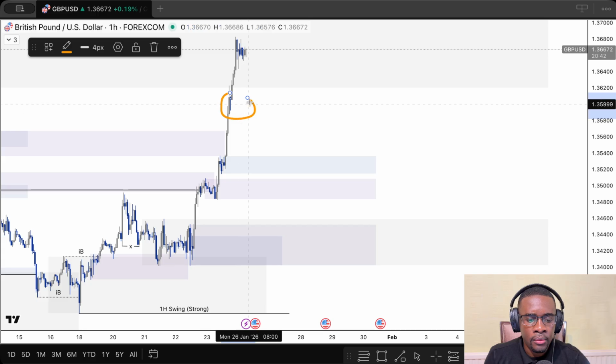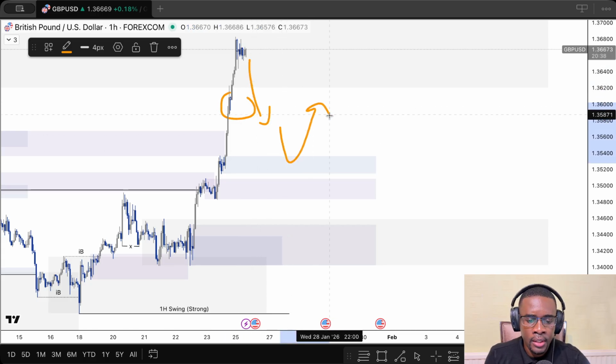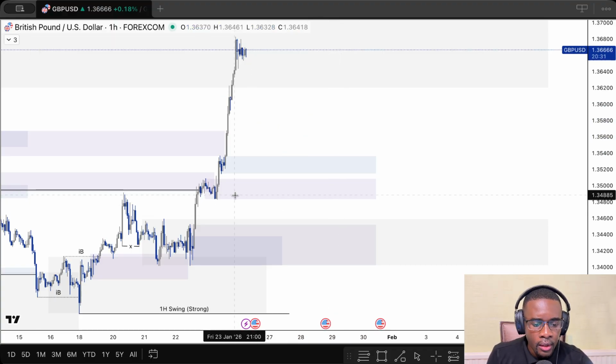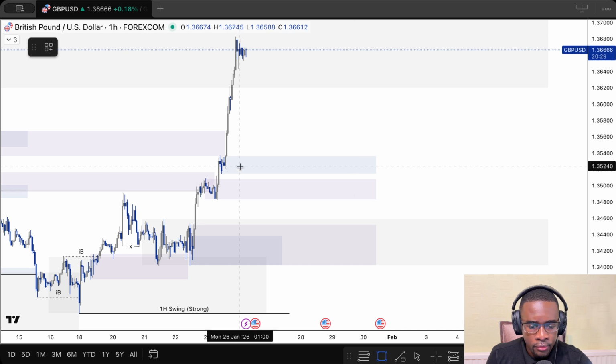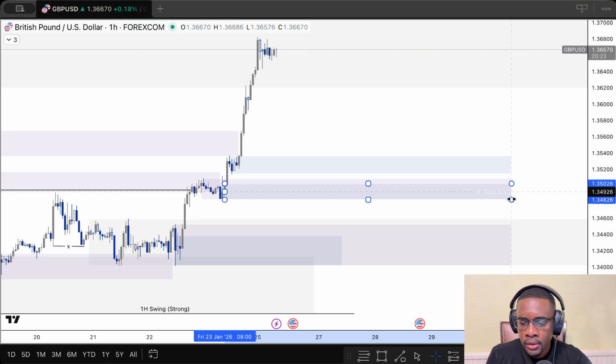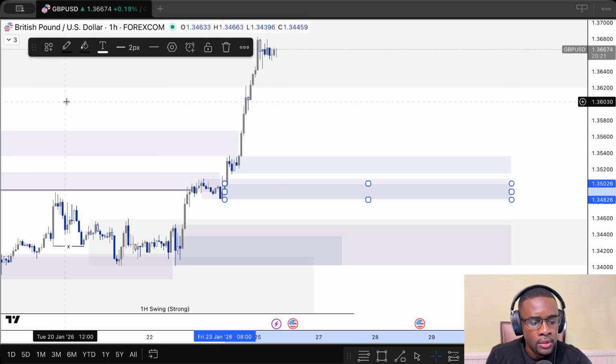Although I'm expecting this to be eliminated, price to at least mitigate somewhere in this area before it continues bullish. And then we have this one at the extreme. This is where we'll be waiting to see what happens.